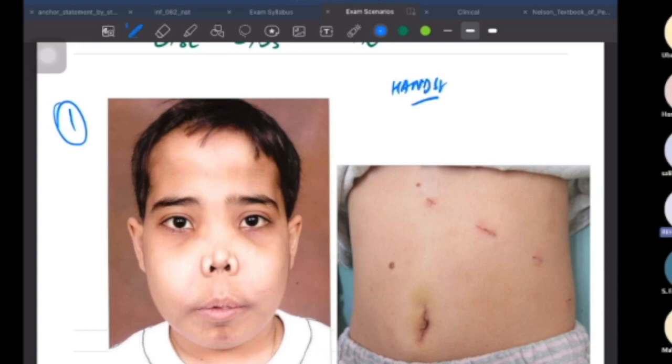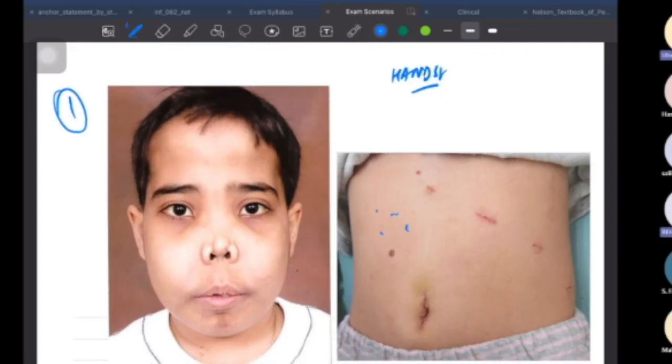So what do you expect in the hands in this kind of condition? Fine, that's fine. So a splenectomy has been done. You've got a hemolytic phases. So what are your differential diagnoses? Thalassemia, most likely. Okay, including thalassemia.